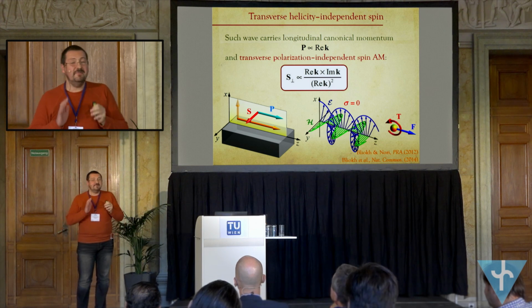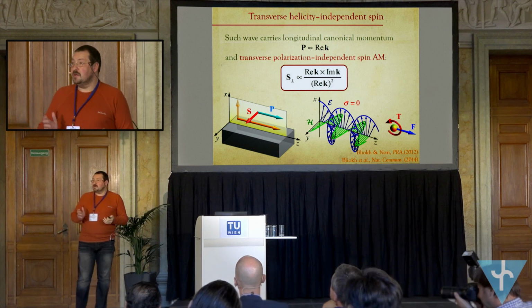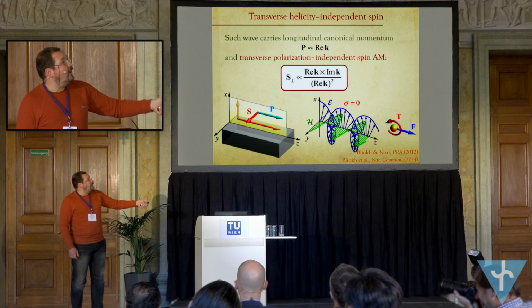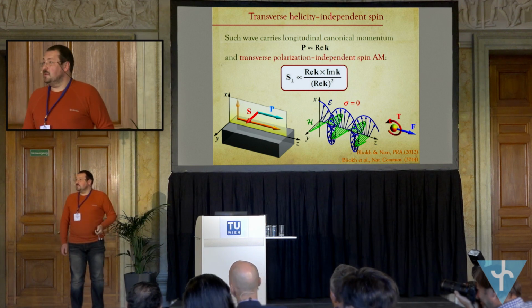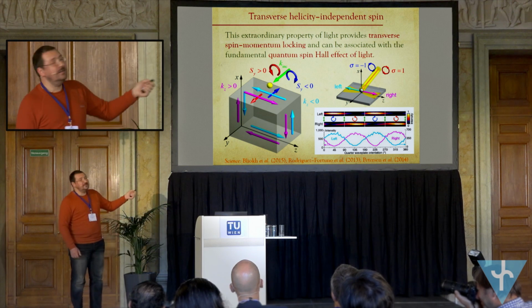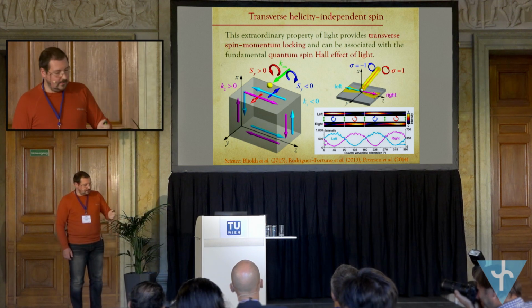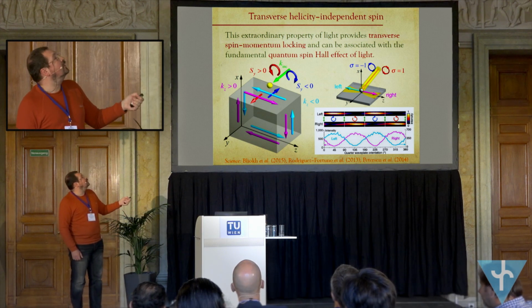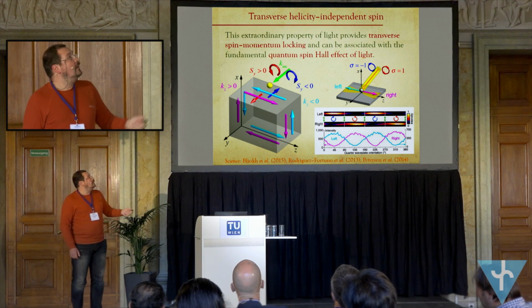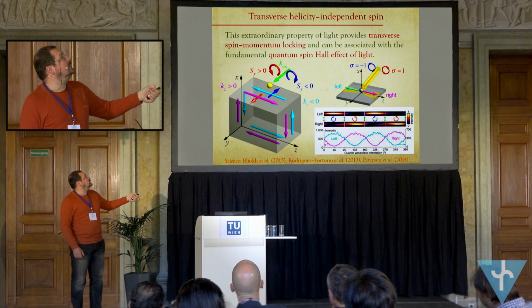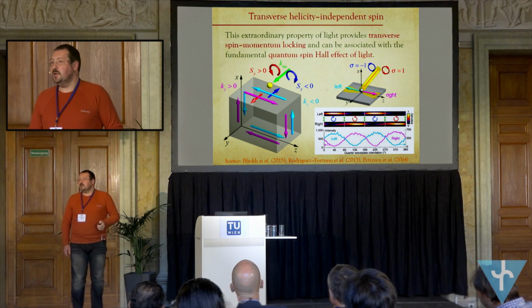So this is something very counterintuitive in terms of quantum mechanics. But nevertheless, this is measurable. If we put a probe particle, it will experience torque, which is orthogonal to the radiation pressure force. Interestingly, recently we interpreted this transverse spin in terms of so-called quantum spin Hall effect, which is the existence of surface states with opposite transverse spin attached to the opposite propagation direction.